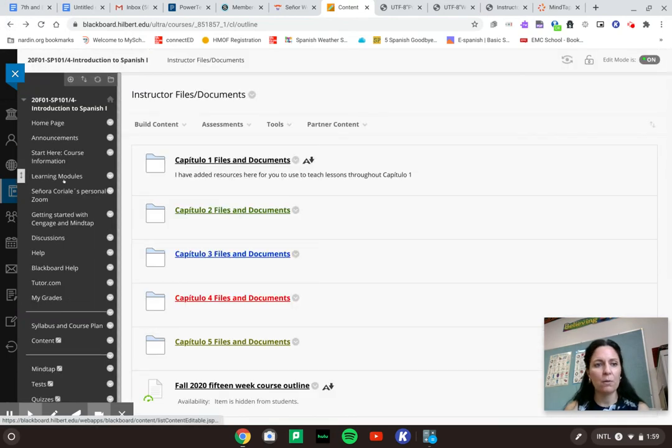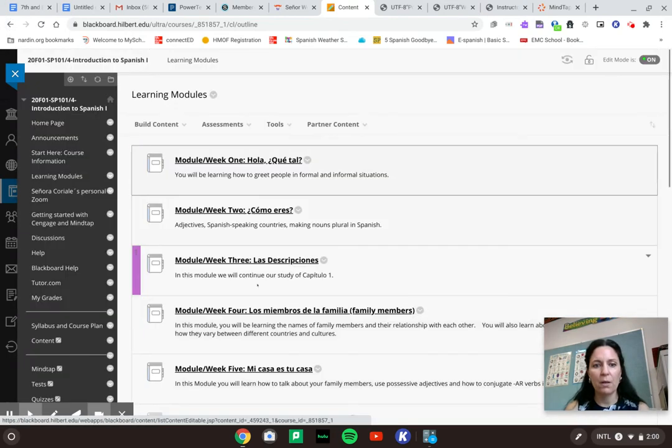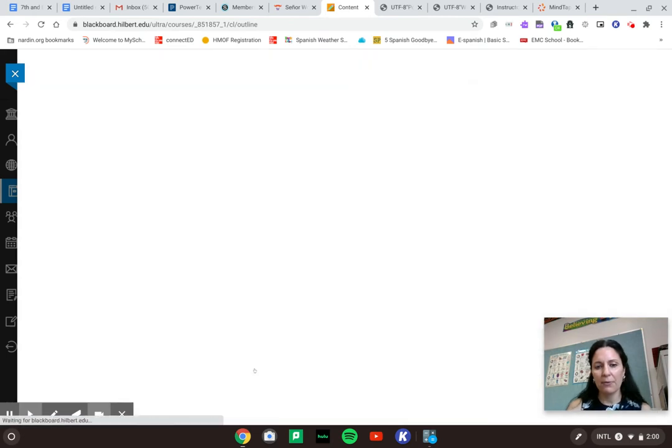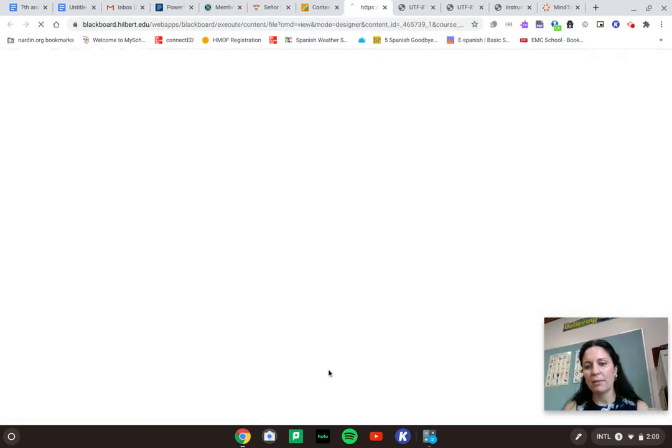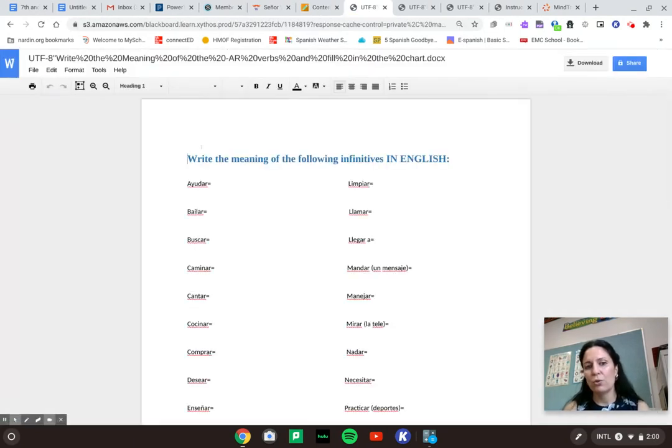So in your learning module for this week, you have to identify the meanings. You're just going to write them in there for me and say what they mean, like to help, to dance, and go through the verb list. You can use your MindTap to help you identify those verbs.